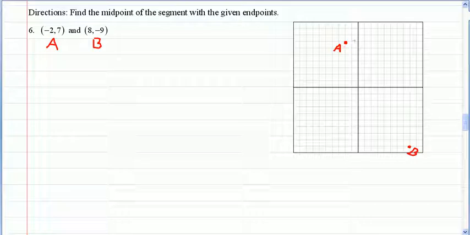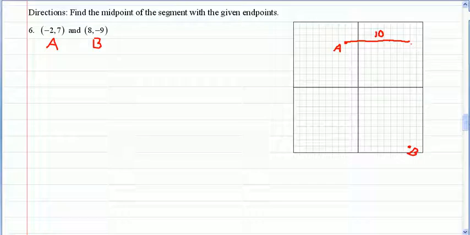and if I count the number of boxes that are horizontal between the 2 points, I have 1, 2, 3, 4, 5, 6, 7, 8, 9, 10 boxes.